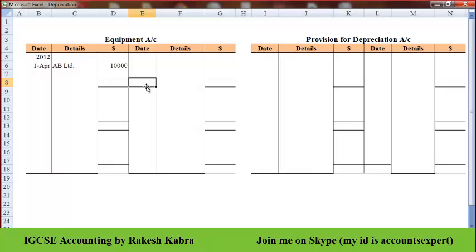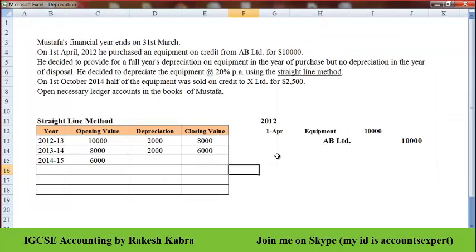Now when will the year be over? 2013 March 31st. So I need to charge depreciation, isn't it? So see the year will be over on 2013 March 31st.